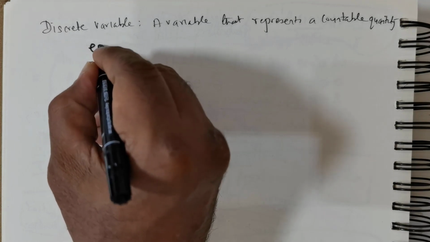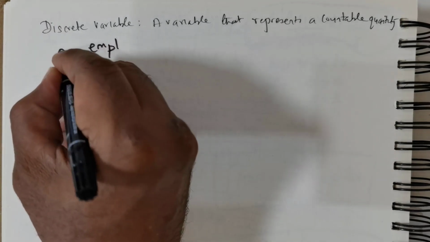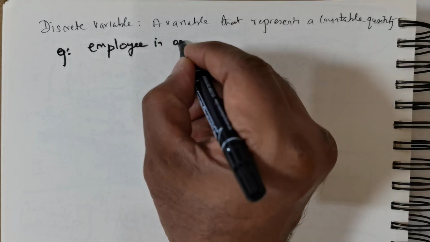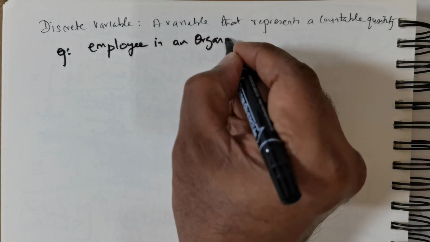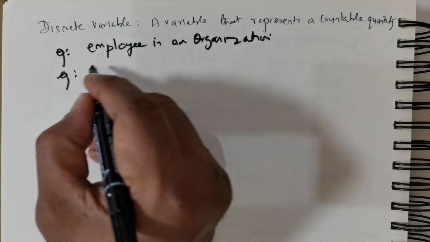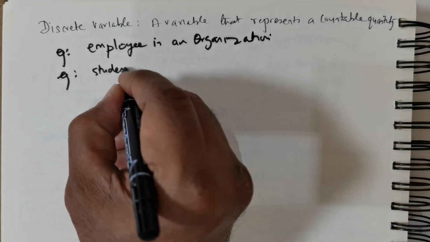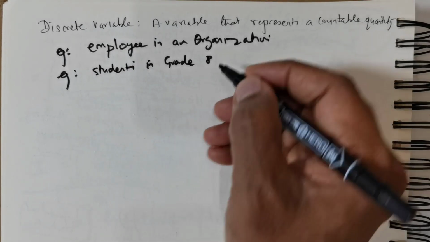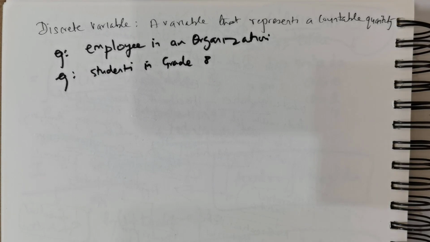The best example for this is employees in an organization, or students in a class, say students in grade 8, something like that.